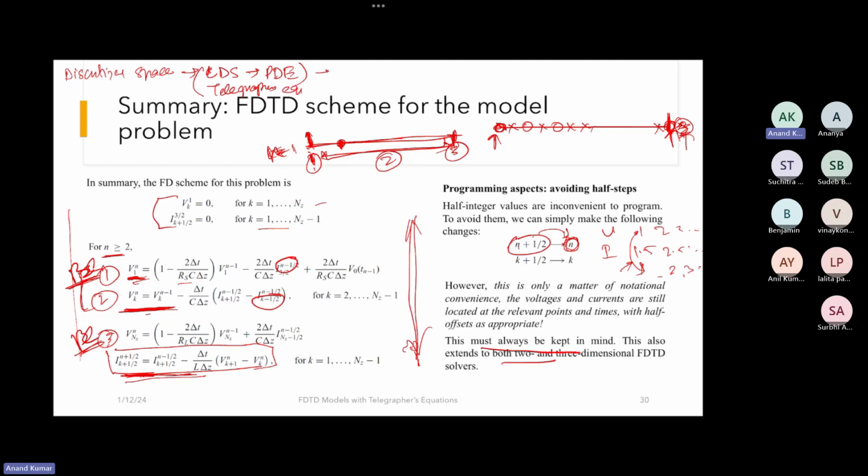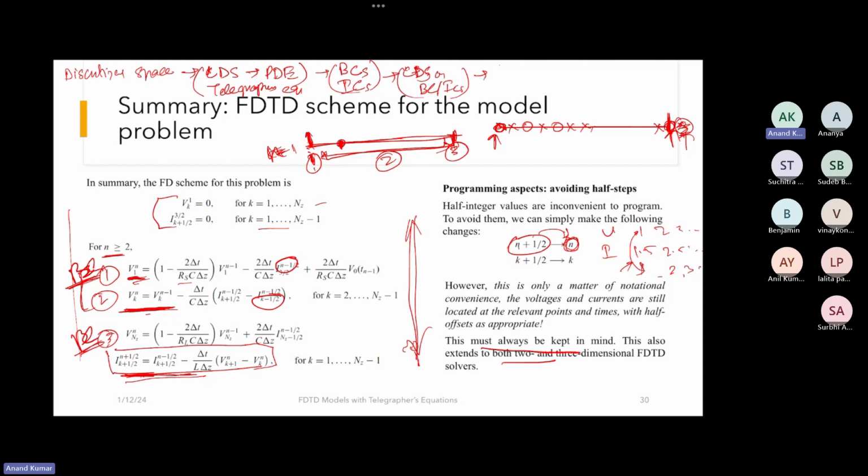And then we wrote down the boundary conditions and the initial conditions. We discretized them using the central difference scheme on boundary conditions and initial conditions.